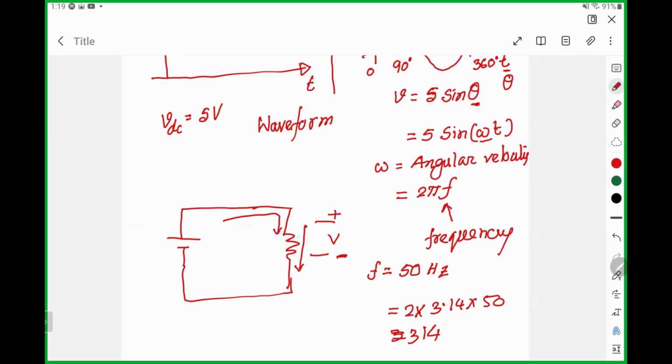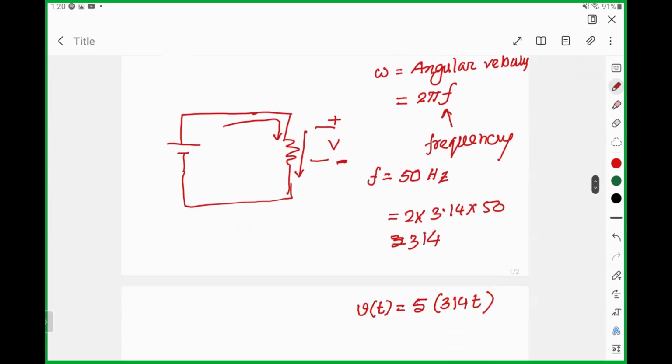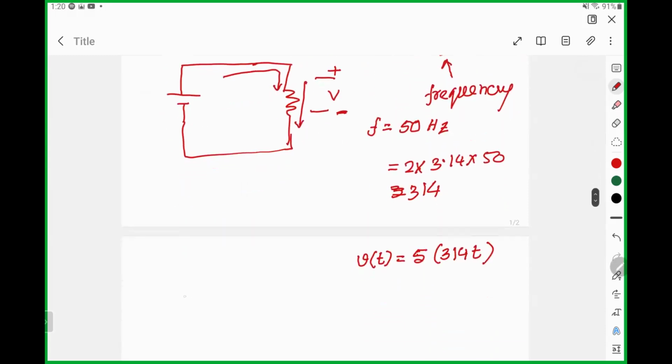So it indicates the direction of the current. Polarity indicates the direction of the current, right? Now, if I slightly change this connection, with negative and then positive, then my polarity is changing, right? I have minus here and plus here.